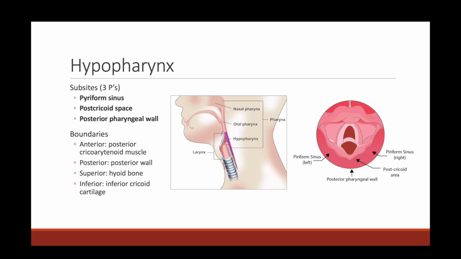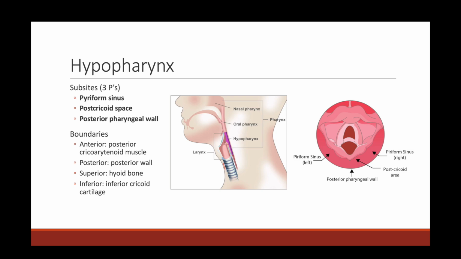So we went through the larynx. Let's jump back to finish out the anatomy of the pharynx by talking about the hypopharynx. Remember, we talked about the nasopharynx and oropharynx, which are more superior. Inferiorly, below the oropharynx, we have the larynx anteriorly, and then the hypopharynx posteriorly.